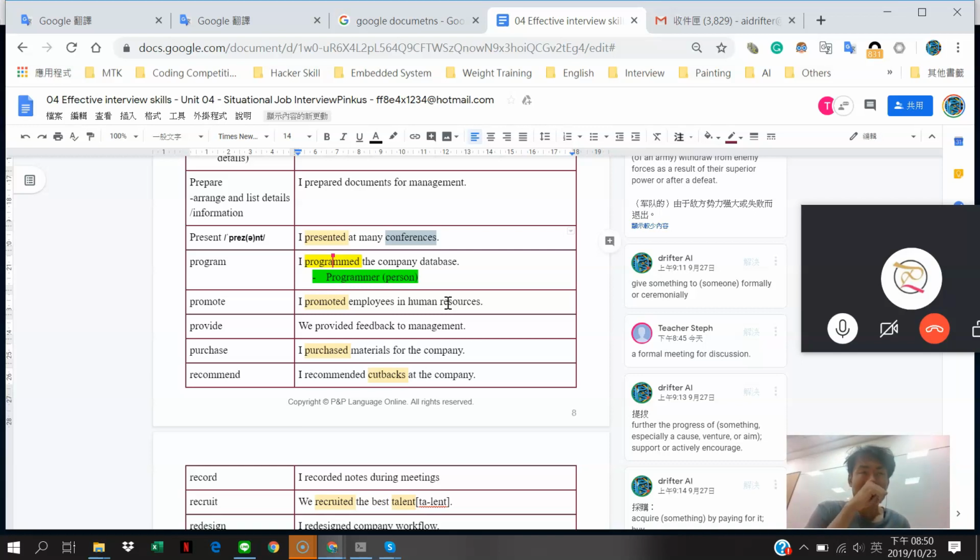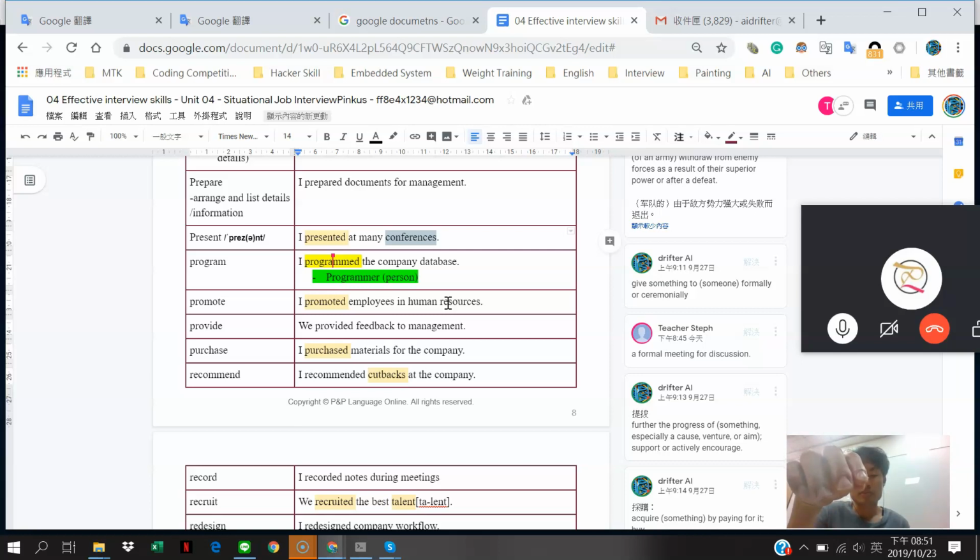I think in computer science, to program is like you choose one programming language and use this programming language to write your source code. Okay, yeah, that can be it.